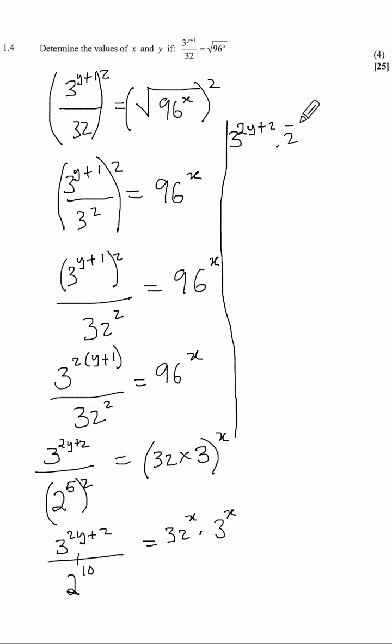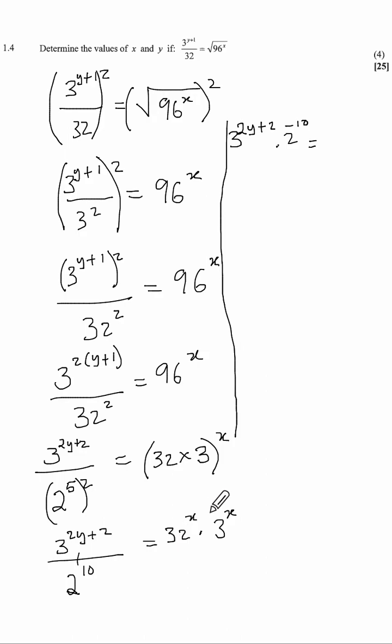So negative 10 equal to, now instead of writing this 32 as 32, I'm gonna do the same thing that I did here. I wrote 32 as 2 to the power 5. So basically this 32 is going to be 2 to the power of 5 and then 2 to the power of x outside.